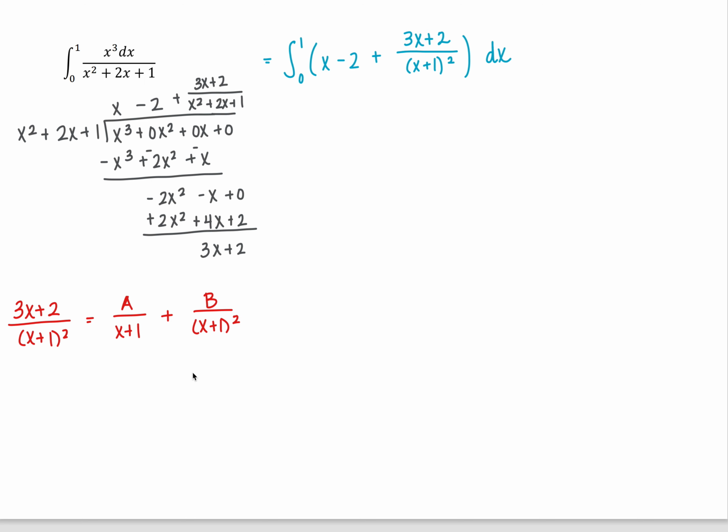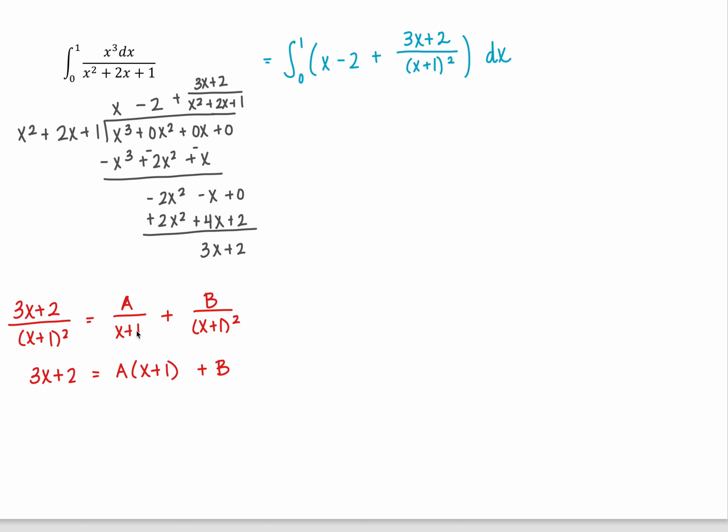So just like with the other examples, I will go ahead and multiply through by the common denominator, and that's going to leave me with 3x plus 2 is equal to A times x plus 1 plus B. And again, you could work this with two equations with two unknowns, or you could use that little shortcut that I went through in the last example, and I'm going to do that little shortcut.